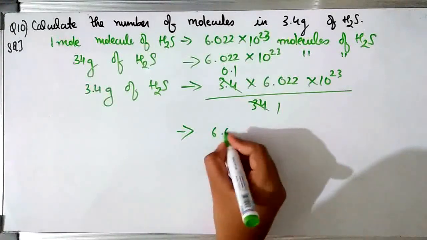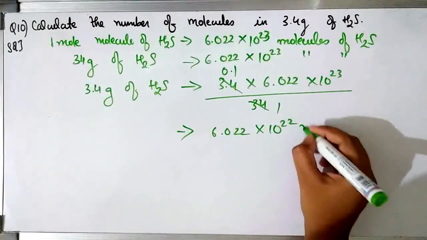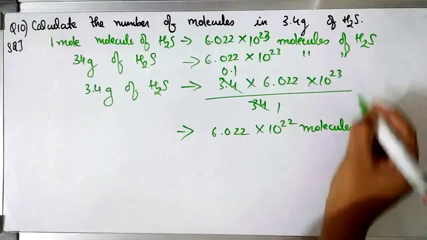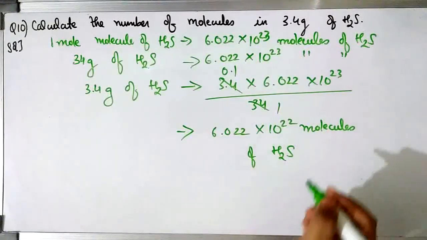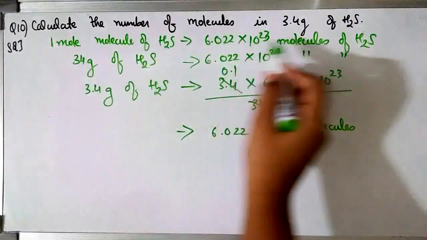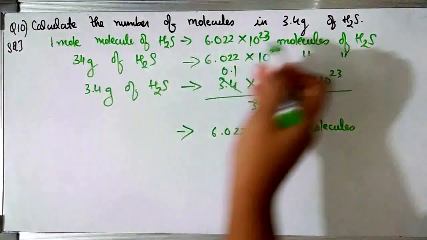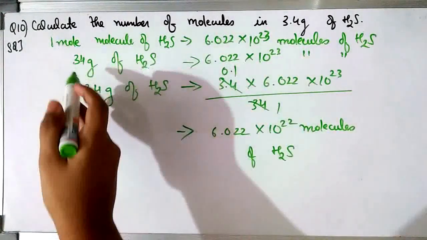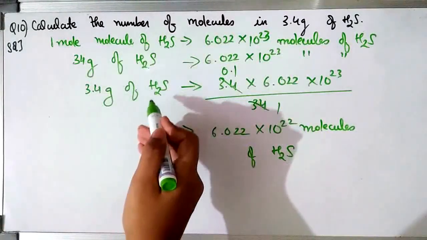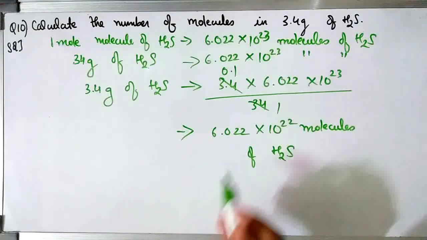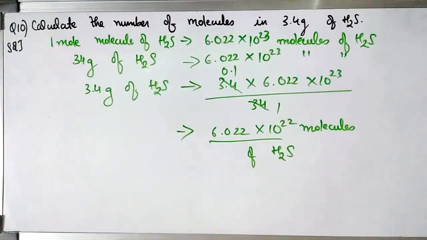So it will give 6.022 into 10 to the power 22 molecules. Don't write atoms, write molecules, because we have a molecule here. So 34 gram has the Avogadro number of molecules, and 3.4 gram will have 3.4 into that divided by 34. So the final answer is 6.022 into 10 to the power 22.